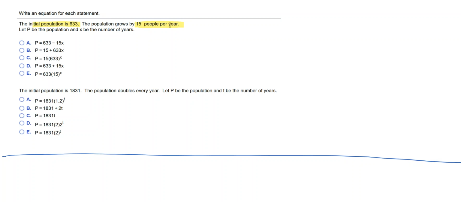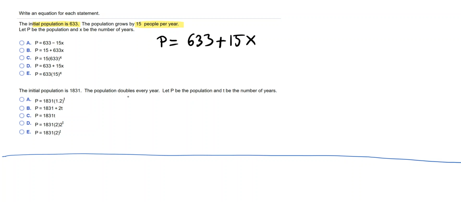It just says that every year the population increases by 15 people. So you start with 633 and then you add with each year t or x, you add 15 people. So this is just a linear equation. So when with each year it grows by a constant amount, that's linear.